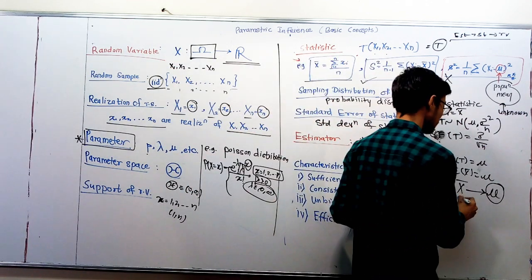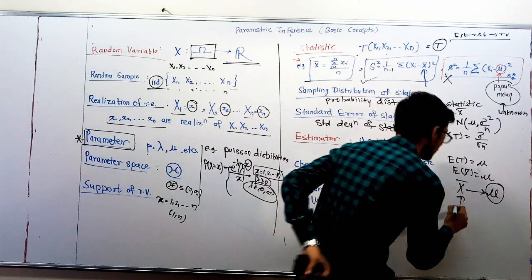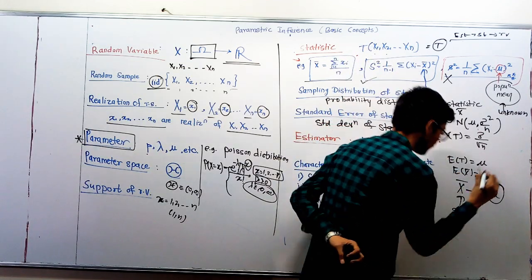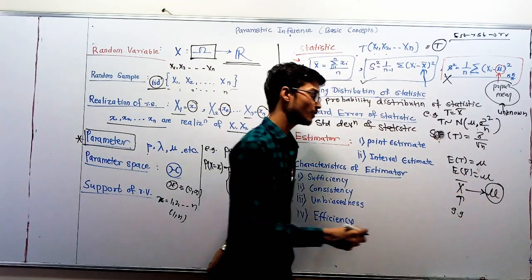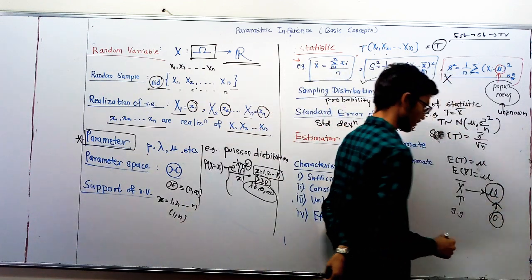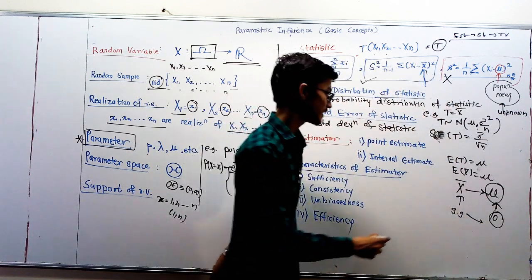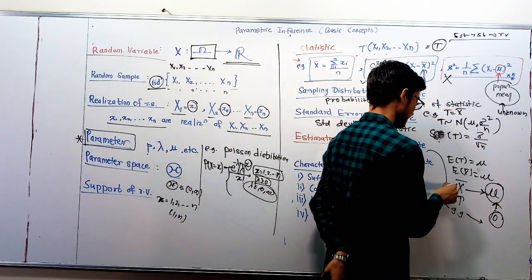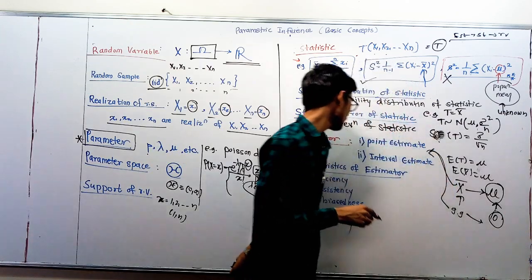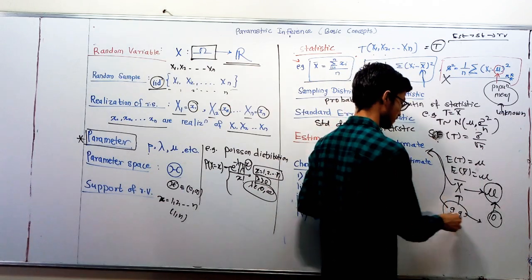Suppose we get 9.9, and your population mean is supposed to be 10. Suppose that. It is close. It's a point estimate. That x bar is a point estimate, an estimator for mu. This 9.9 is the estimate.